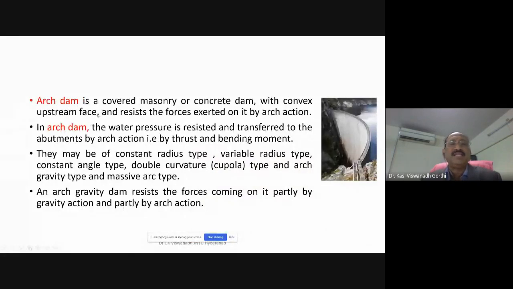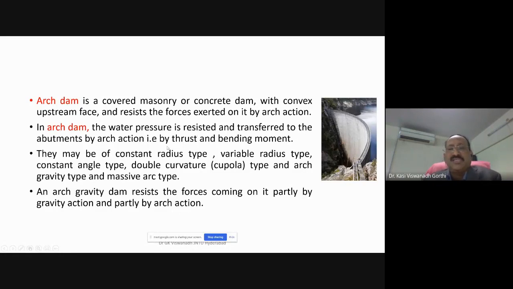On the other side, an arch dam is a curved masonry or concrete dam. It could be a masonry or a concrete dam, but you can see here the shape of the dam is something like an arch. This is a convex portion on the upstream face, and it resists the forces exerted on it by arch action. So in the arch dam, water pressure is resisted and transferred to the abutments by the arch action.